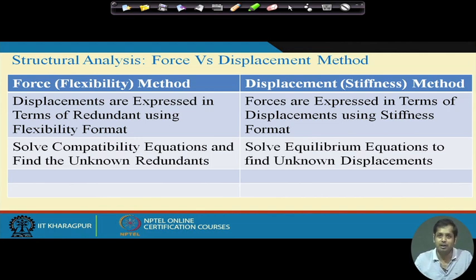Now, some of the steps will not be clear, which is very obvious, but the reason I did not introduce them through a problem is that we have already done that for the force method. Here the objective is, we know the steps for force method, so what are the corresponding steps for displacement method.